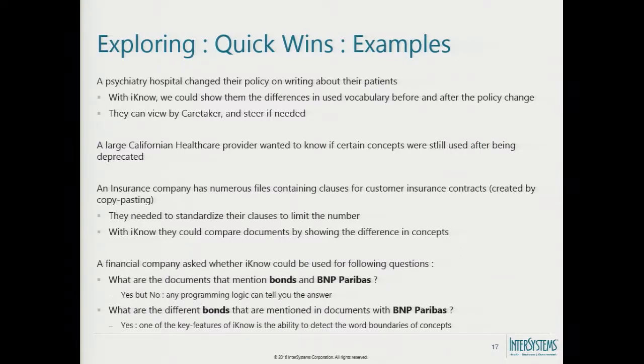But along the way, they said to me, in 2010 we had a policy change. We asked all the doctors to change their vocabulary, because at that time there was a law that said relatives can demand to see the notes of their relatives.